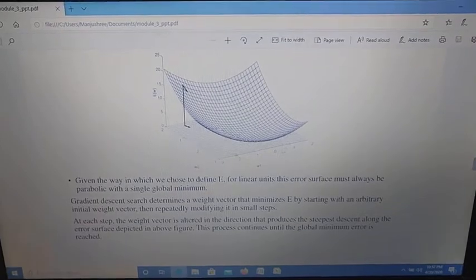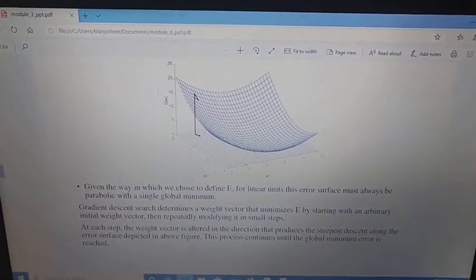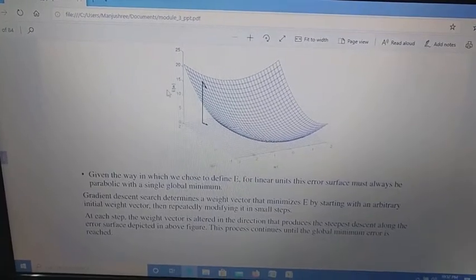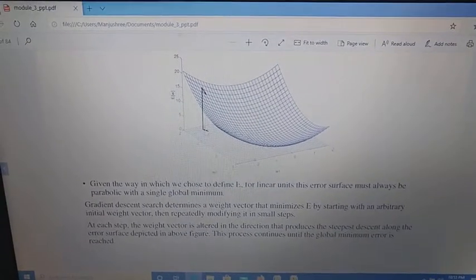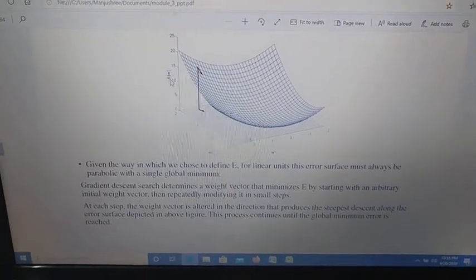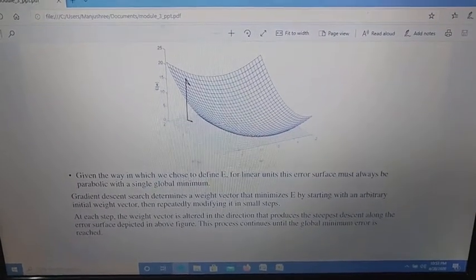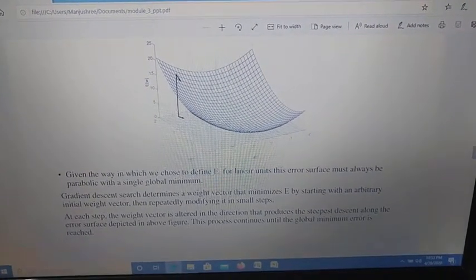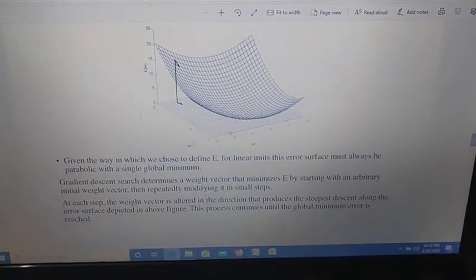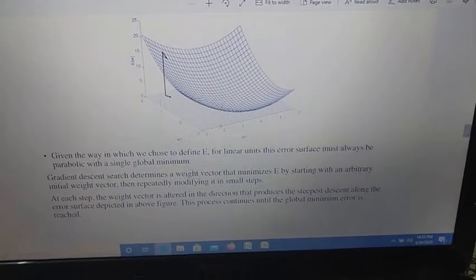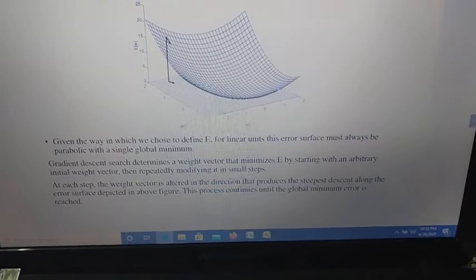Different weight vectors we can choose, whereas the y-axis, or the vertical axis, represents the error of a weight vector. This arrow mark indicates the negation of the gradient. Negation of the highest peak, if I do it, then it's obvious that I am going to get the parabola.